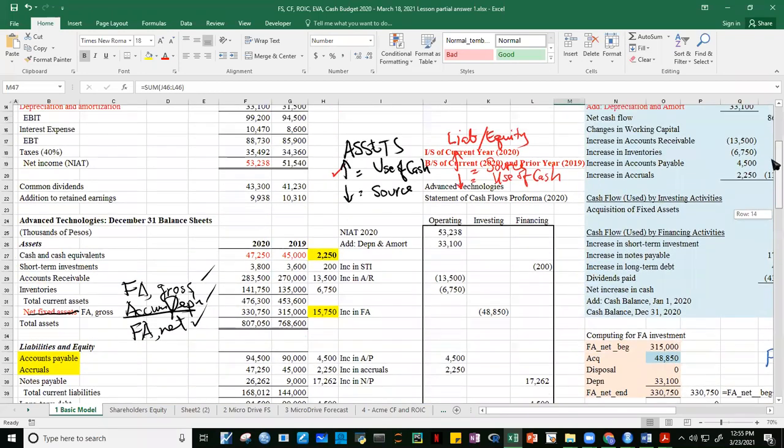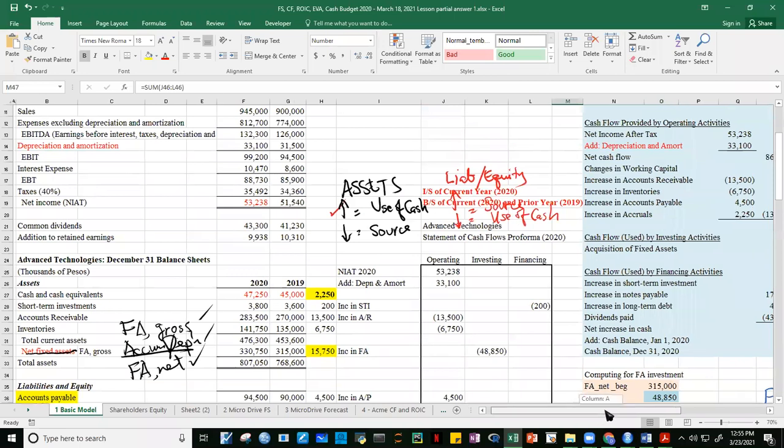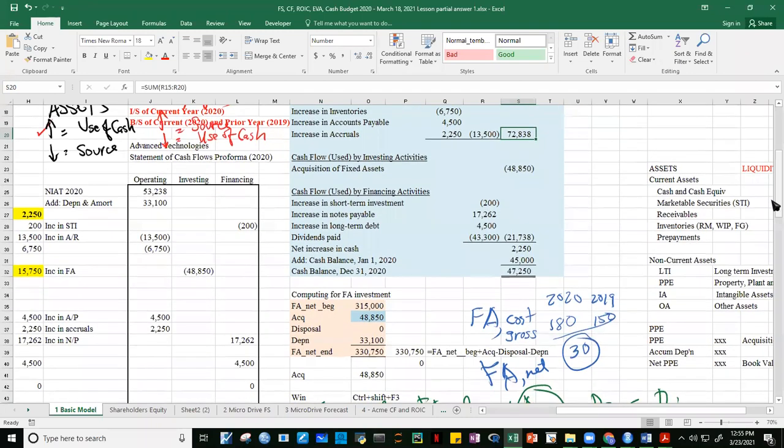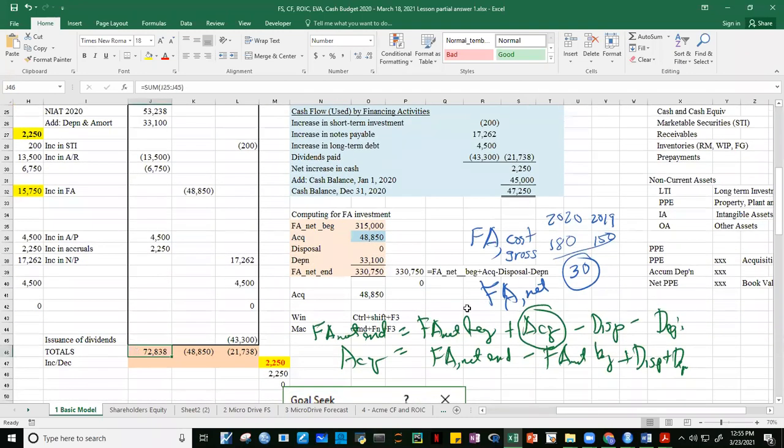Then we formalize it by writing the actual statement of cash flows, just following the template, guys. This is net cash flow provided by operating activities because it's positive, 722,838, and it's the same as this one, 722,838.